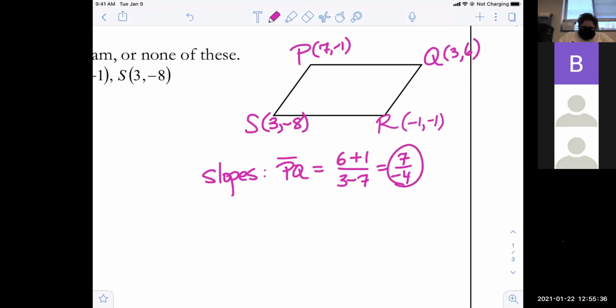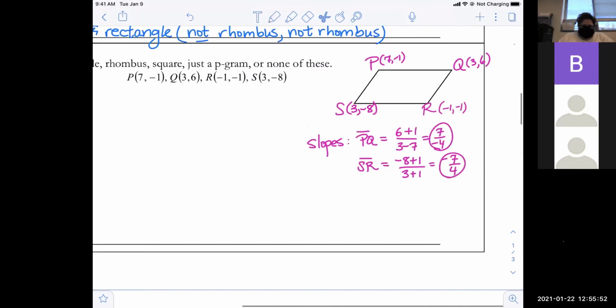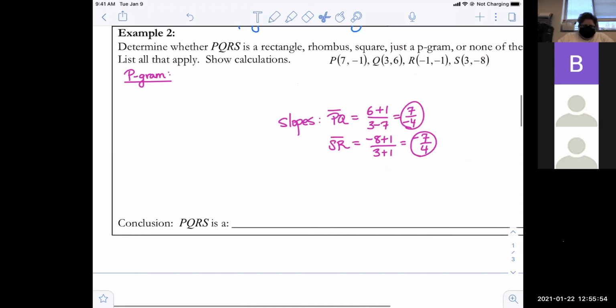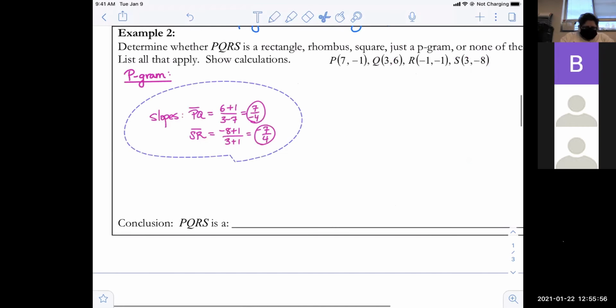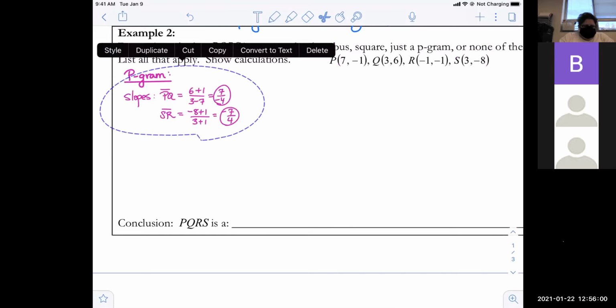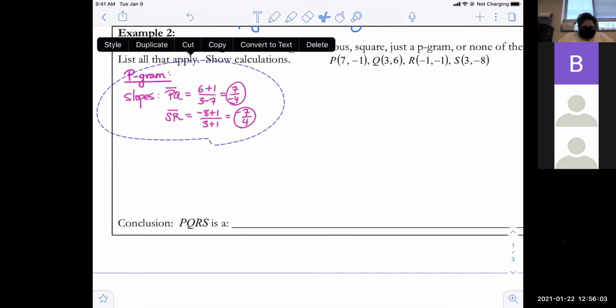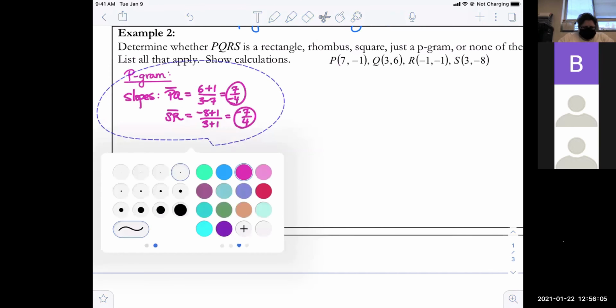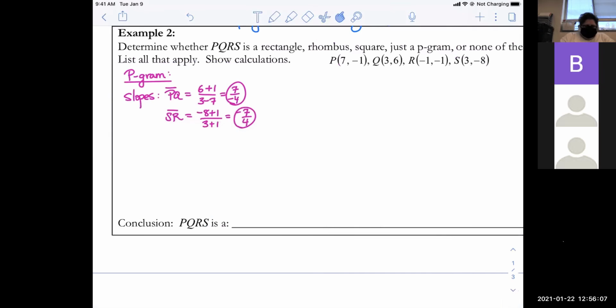And then the side that should be parallel to it is SR. The slope of SR is -8 plus 1 over 3 plus 1, -7 over 4. Okay, so what does that tell us? Sam, what does that tell us? That they're parallel.